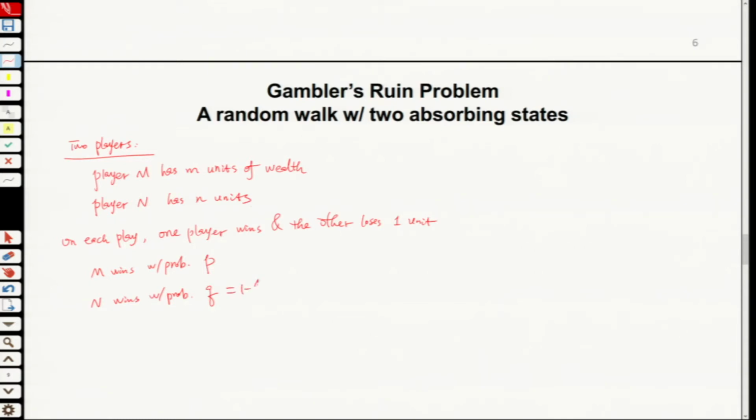So Q is actually 1 minus P, because when M wins, then N loses. Okay. They play until one is bankrupt.